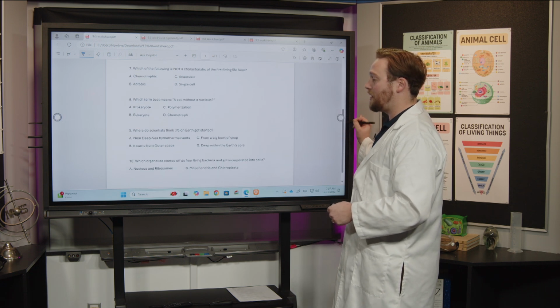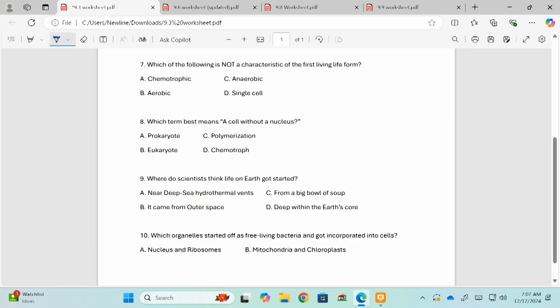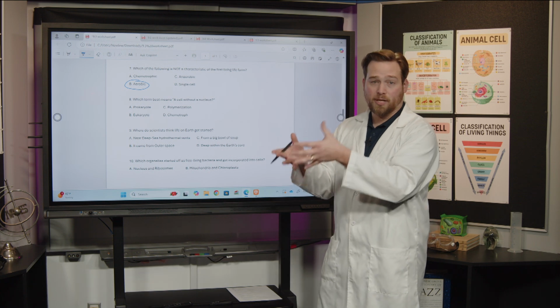So let's look at 7. 7 here says, which of the following is not a characteristic of the first living life forms? So looking at these, some of these do describe those first living organisms, but which ones don't? So what we want to remember here, the answer is B, aerobic. Remember that early Earth did not have much oxygen in the atmosphere.